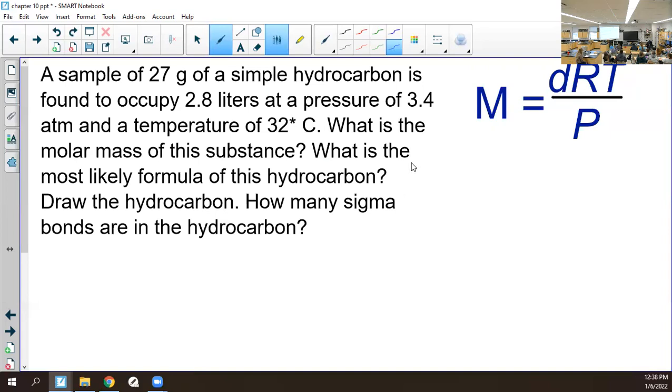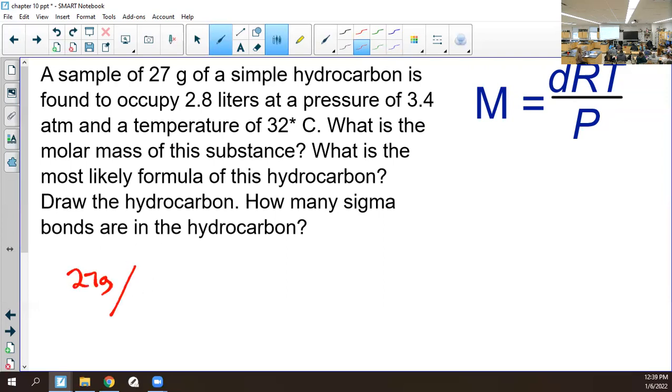So here's what we would do. First off, the molar mass is equal to the density times R times T over P. How do you find the density? It doesn't give it to me. Mass over volume. So does it give us mass and volume? Yeah, it does. It has to, or this whole problem would fail. 27 grams is the mass.